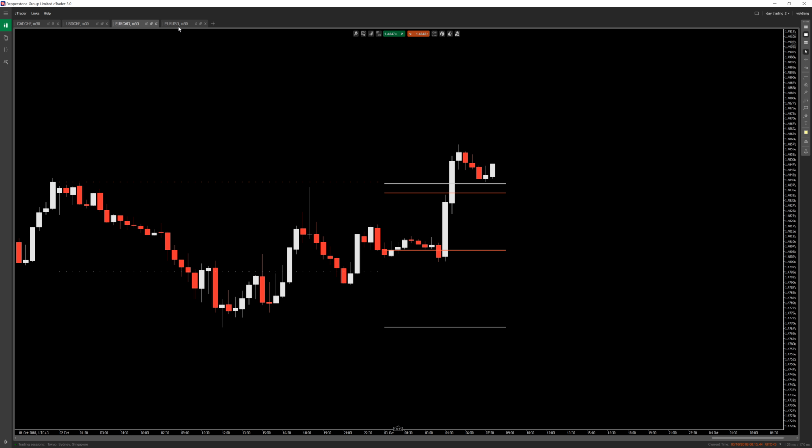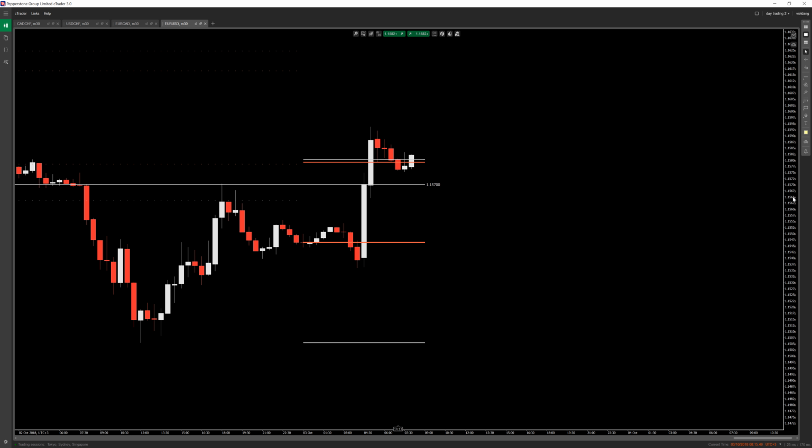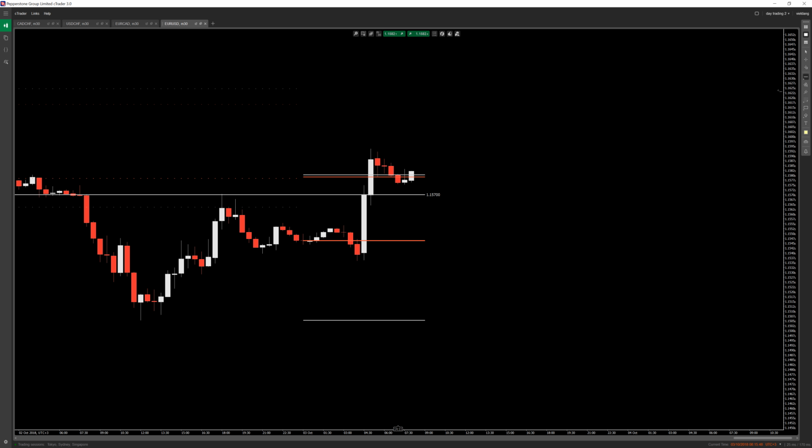And Euro USD. What's interesting with this pair is that there is a very strong support level here at 1.1530. This is a very active support level that's been holding up price quite a number of times this year. And today I have a recommendation to go short.